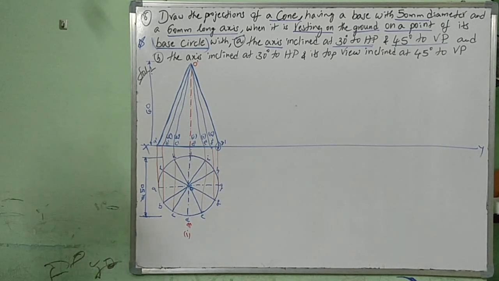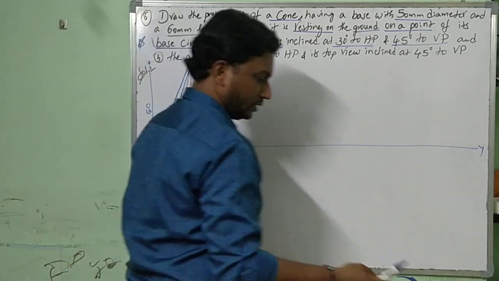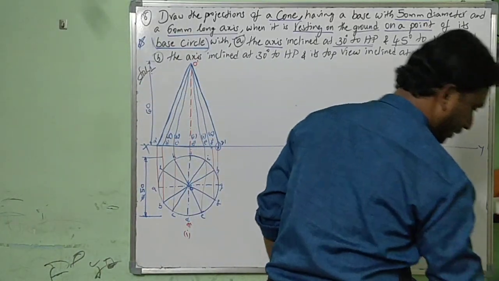Right? You are supposed to draw 30 degrees and at the same time your boundary should touch. Right? Let me take and draw a 30 degrees line.